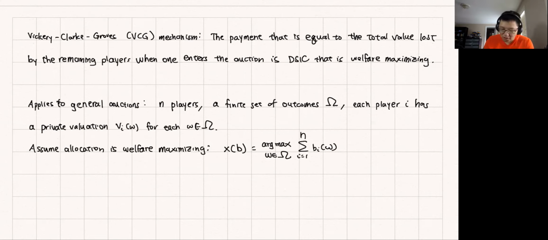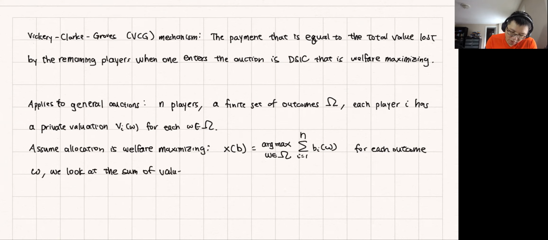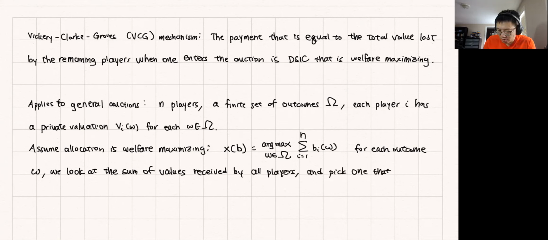So for each outcome w, we look at the sum of values received by all players and pick the highest one.